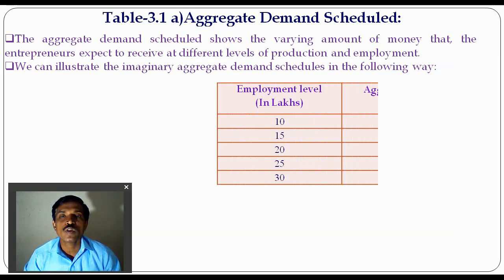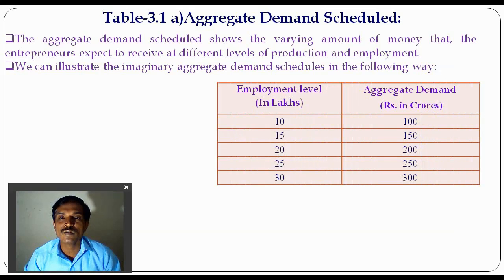The employment level is given in lakh rupees and the aggregate demand is given in crores. 10 lakh is the employment level where 100 is the aggregate demand, and when it increases to 30 lakh of employment level, the aggregate demand is 300. So the aggregate demand schedule represents the expected receipts at different levels of production and employment.